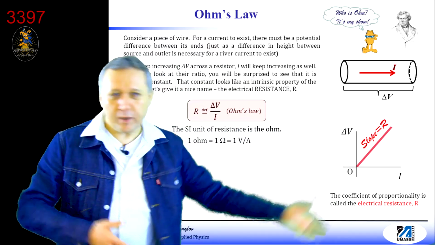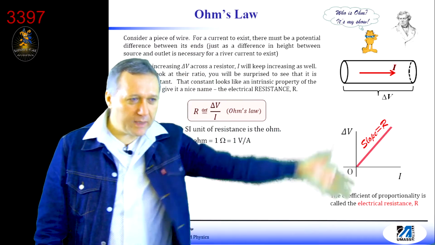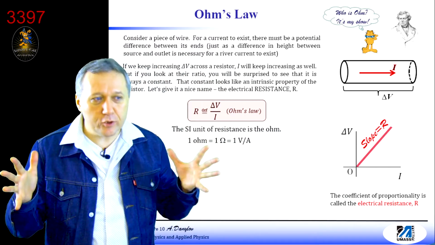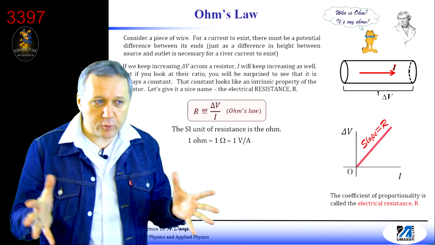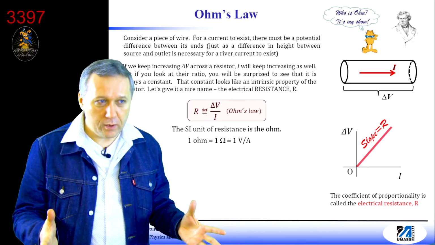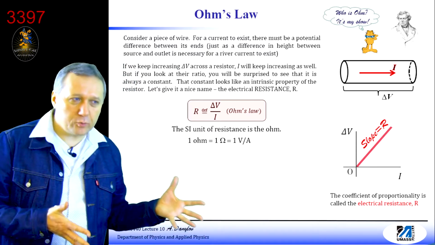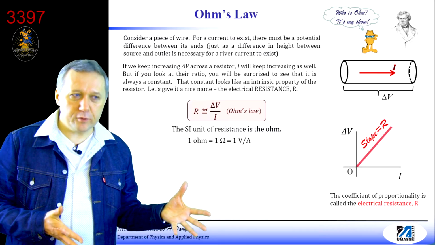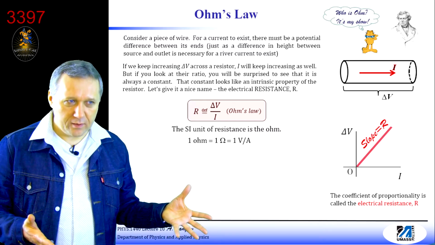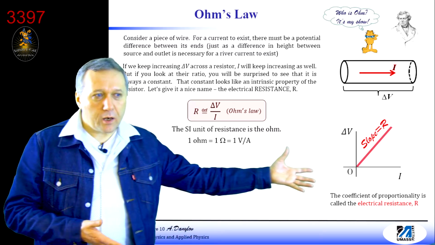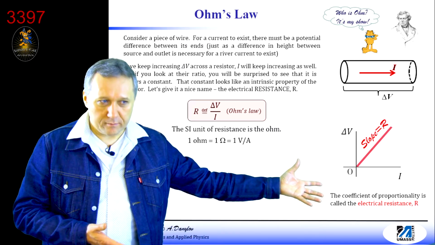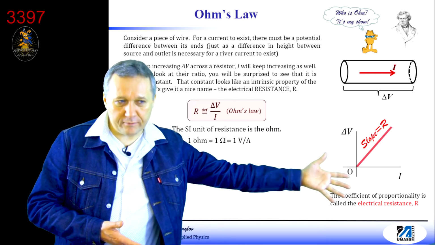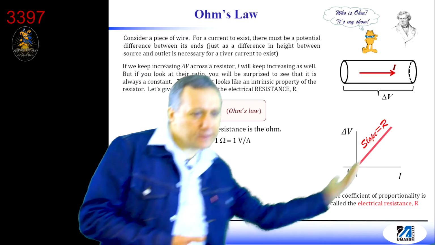You can apply it in the US or in North Korea or in Madagascar, anywhere and everywhere it should work. That's what we mean by a law. But in this case, is it a true law? And of course, you realize that it's not. Because look, even if I just use, for example, a diode, and if I plot the IV curve, delta V versus I, it will have an exponential.